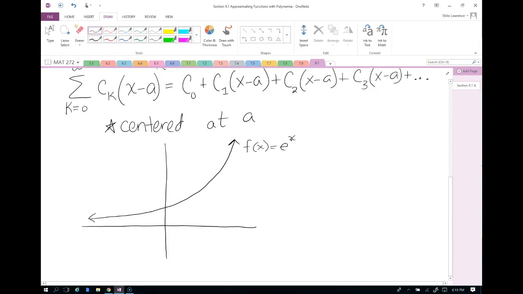Every time we want to find a power series, we have to identify the center. Now, there are some cases where we could center it anywhere we want and it wouldn't make a difference. There are other cases where the center is really important. So just for this example, I'm going to say we're centering it at x equals 0.